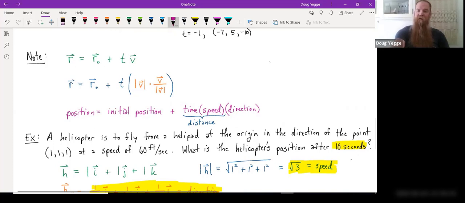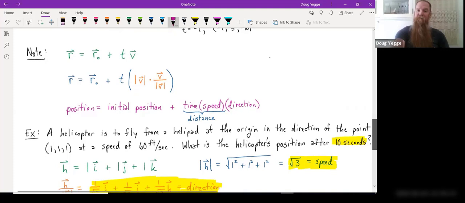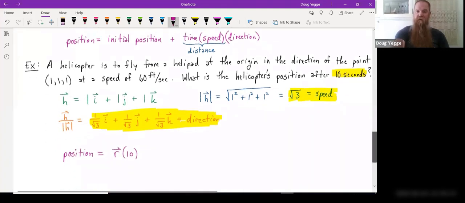So this is the first time that we've seen what we call a vector function, where we could take a t value, plug it in, and find a given vector. Well, the initial position is 0, 0, 0. We refer to that as just the zero vector, plus t, which in this case is 10, times the speed, right, which we know is, well, 60.